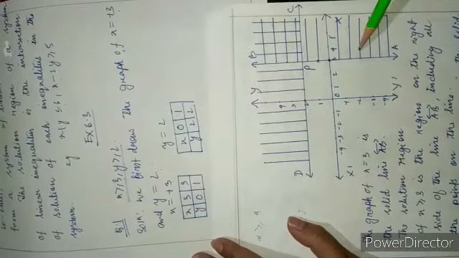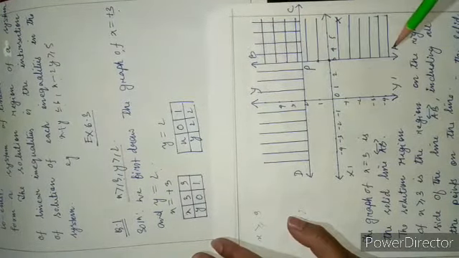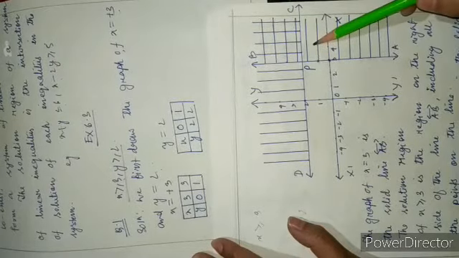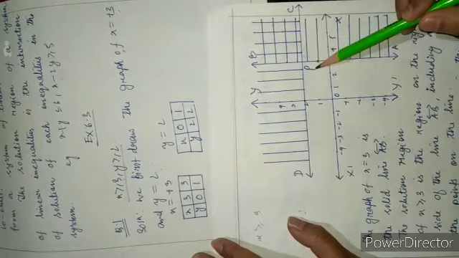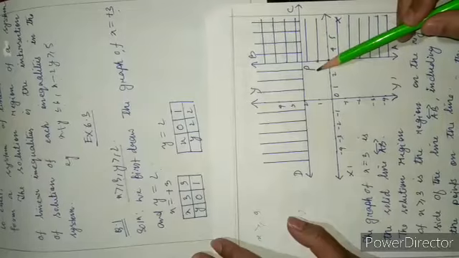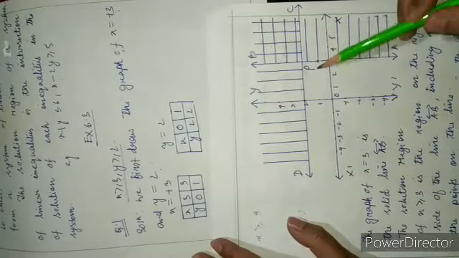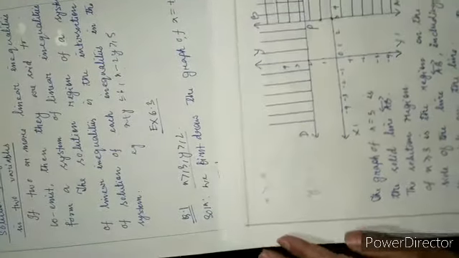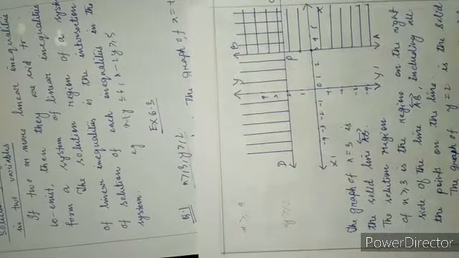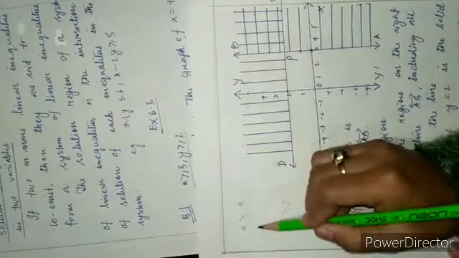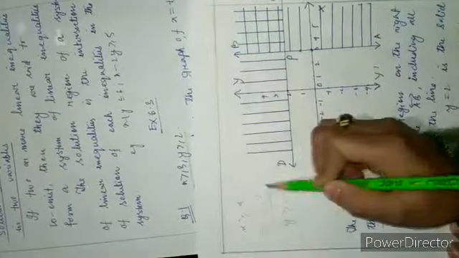The graph of the equation x is equal to 3 is the solid line AB, which divides the Cartesian plane into two half planes: the plane on the right side and the plane on the left side of the line AB. To choose the correct half plane, we select any arbitrary point, say the origin. Putting the origin's coordinates, 0 less than or equal to 3 in the first inequality.